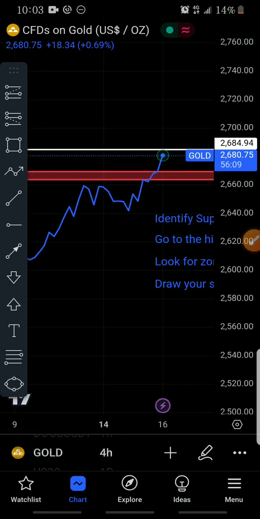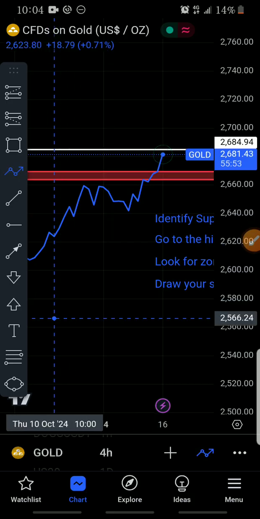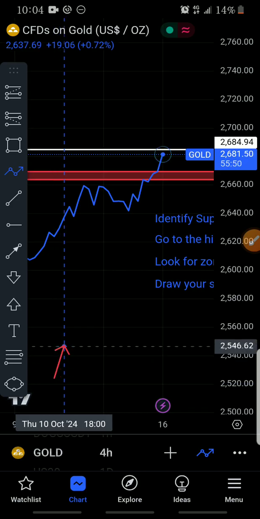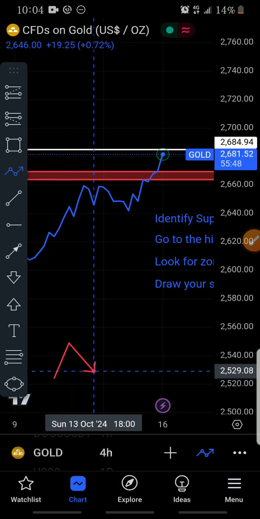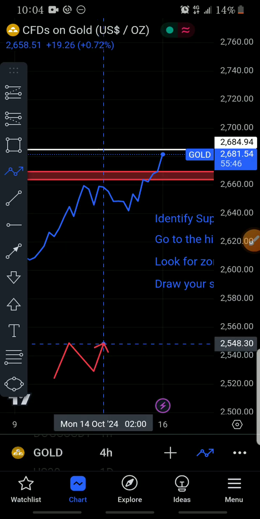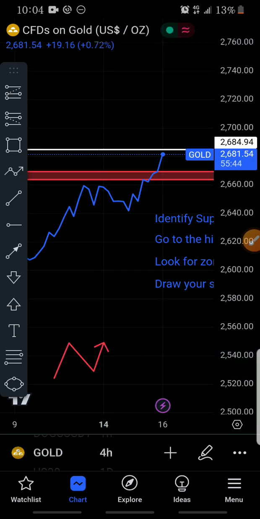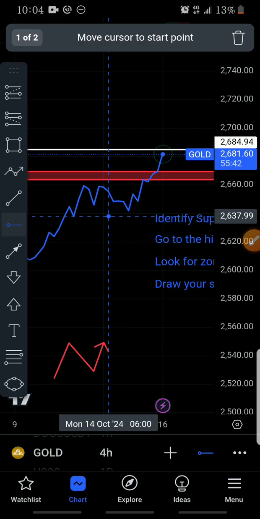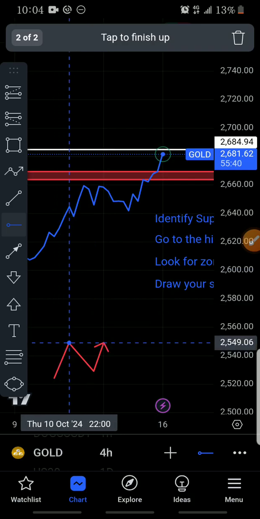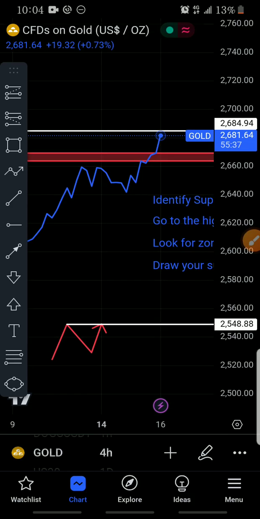Now I'm already seeing my support and resistance. Support is usually below, whereas resistance is usually above. What do we mean by resistance? Let's say, for example, the market is pushing upward, coming this way, and stops here again. We can see this side here is our resistance.